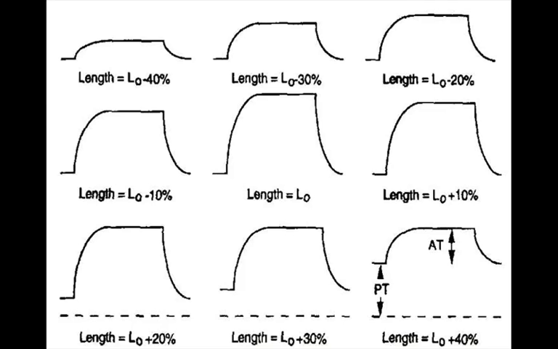As we move towards a more lengthened position, we again see less and less active tension generated, but as we continue to lengthen this muscle, at rest we already have a certain degree of passive tension generated. So as we move towards a lengthened position, while the active tension that we can generate decreases, the passive tension increases, and oftentimes the total tension remains fairly similar throughout the change in length.